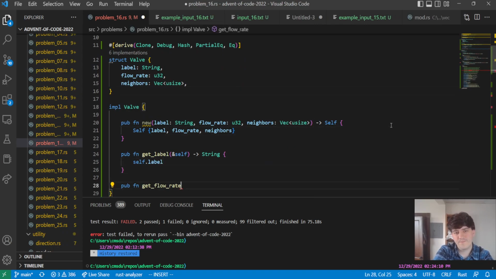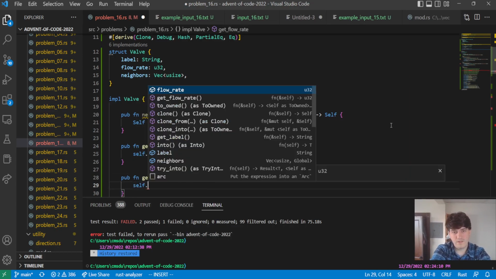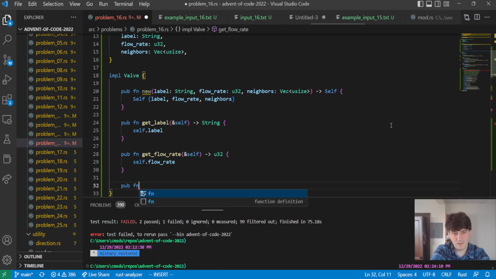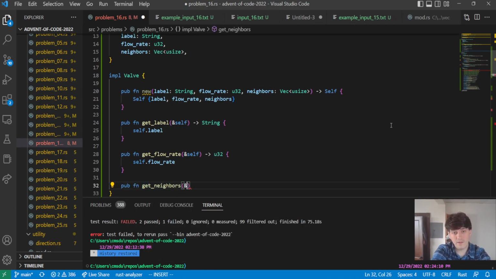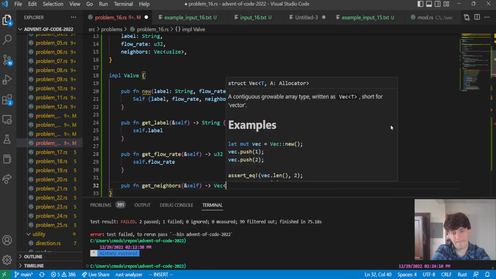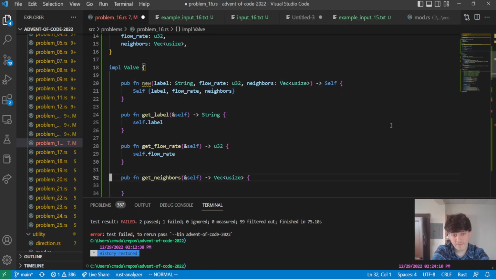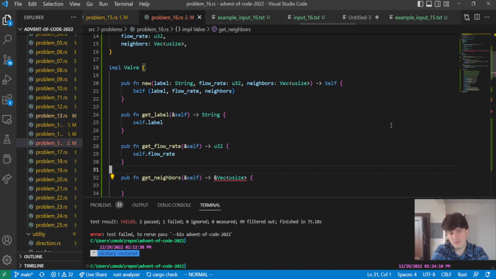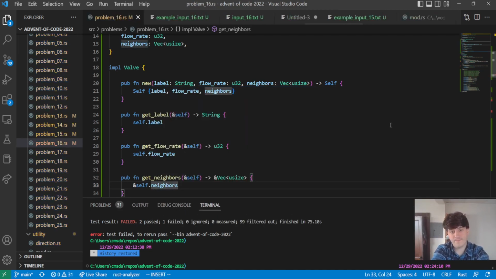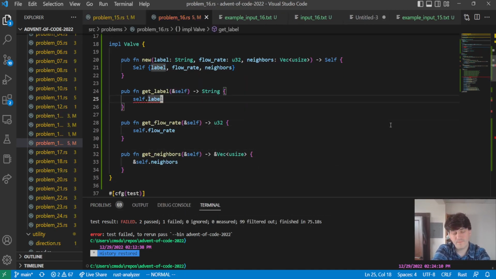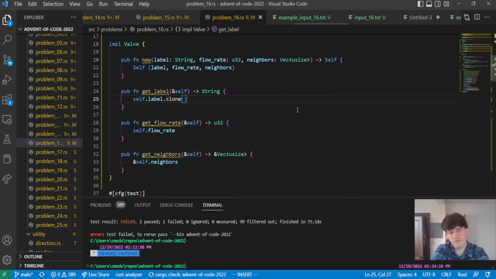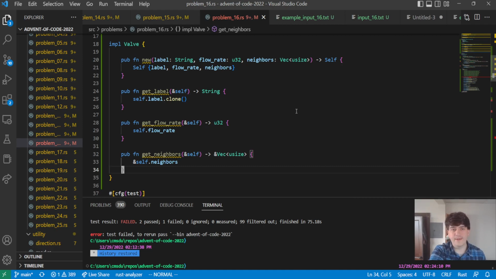Flow rate is fine. u32 self.flow_rate, and this should be a reference. Self.neighbors. Okay. And I have to clone this, I guess. Okay.